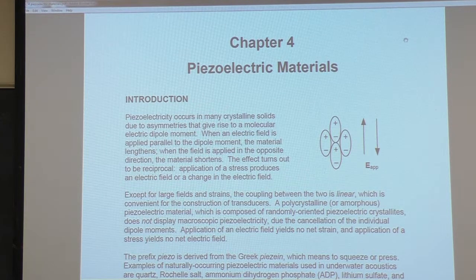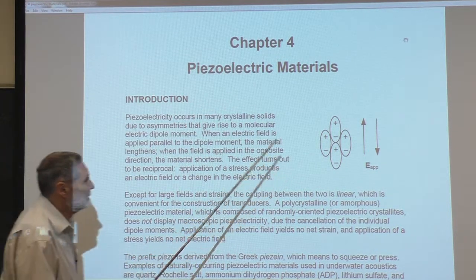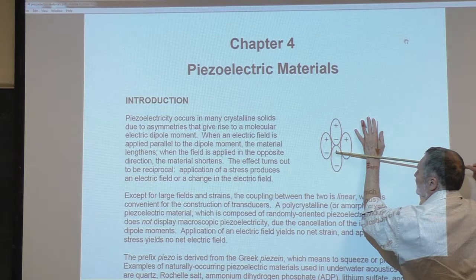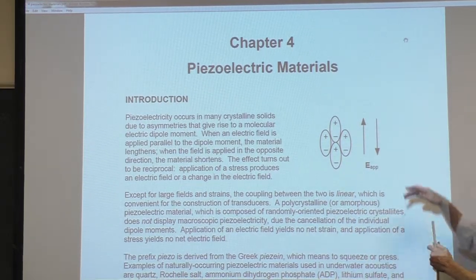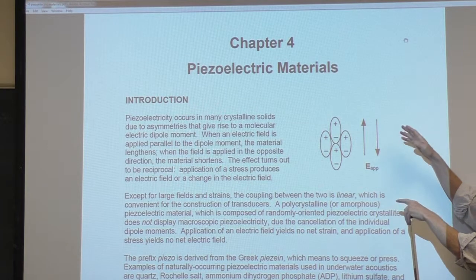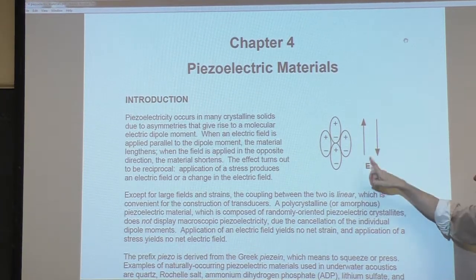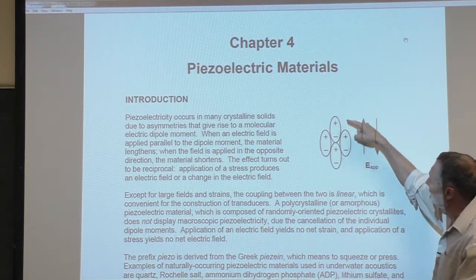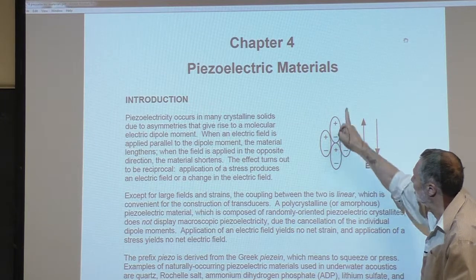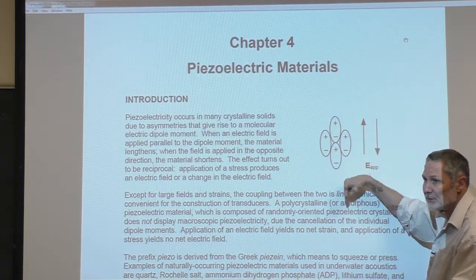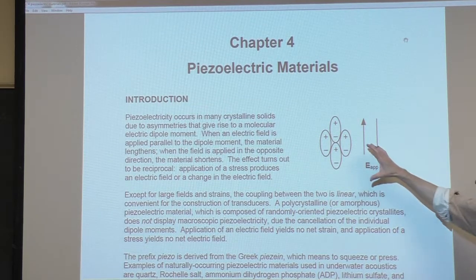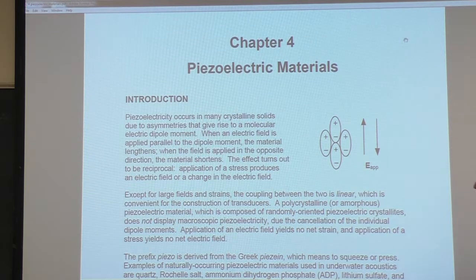What happens is, if you apply an electric field to this crystal, you're going to stretch it. The electric field puts an upward force on these positives and a downward force on the negatives, so you're going to stretch it. If you flip the electric field, you're going to compress it. So that's half of the piezoelectric action right there.